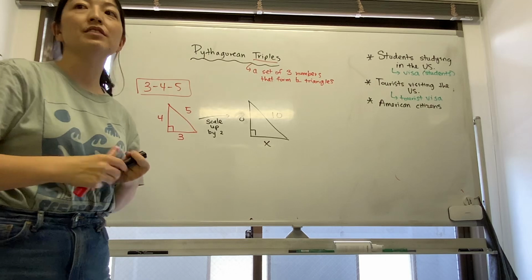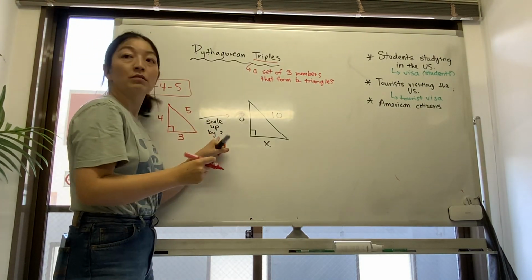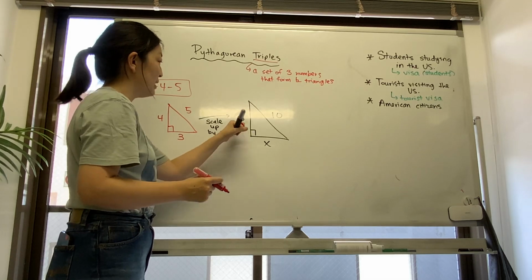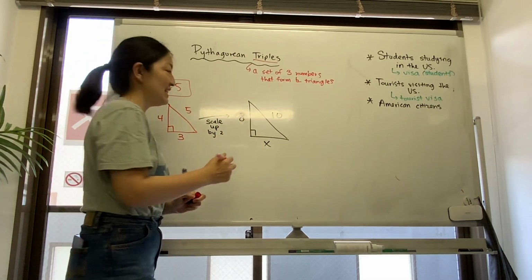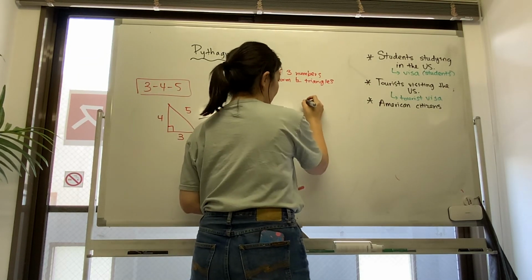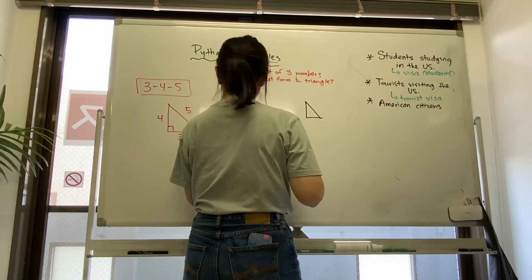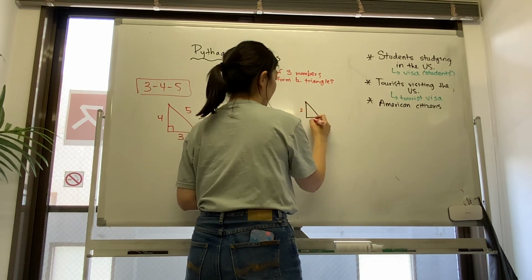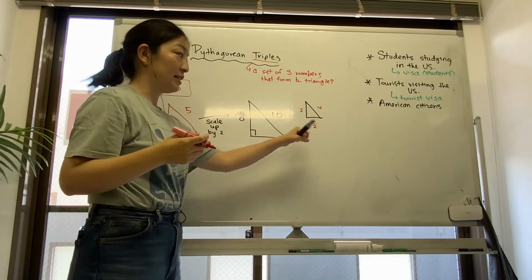Because you can use a scale up. If I multiply each of these by 2, I will get 8, 10, and what will this one be? 6. See that? So if you look at a triangle and you are noticing, hey, this is a scale down.